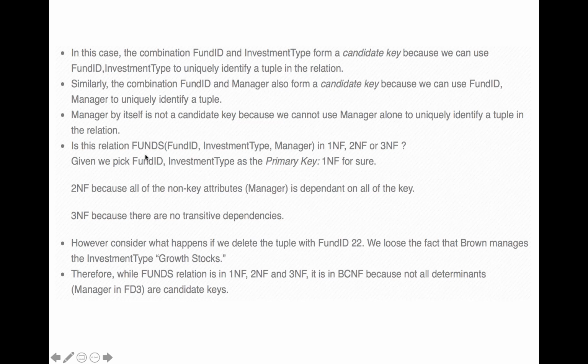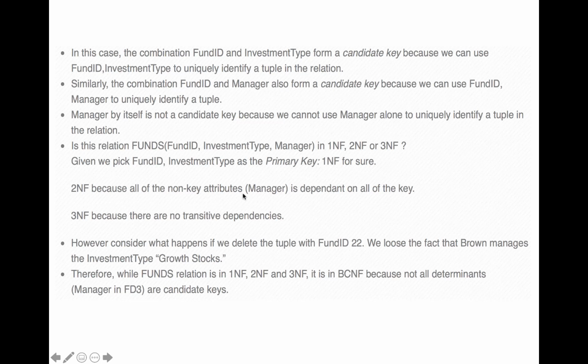First of all, we ask, is this funds relation in first, second, and third normal form? First, what we have to do is figure out which is the key. If we pick fund ID and investment type as the primary key, then we have finished first normal form because we have a primary key.